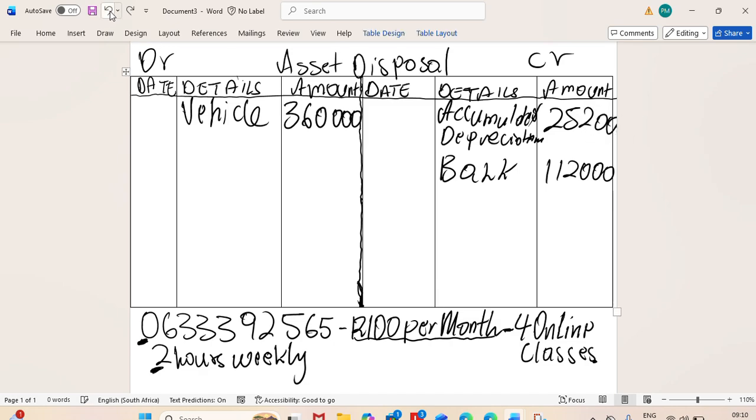Let me borrow more space there. 252,000. So on your side, this is what you need to do, guys. You need to add these two amounts, the accumulated depreciation and the amount that you have received. And then after that, you need to check which side is the bigger side.